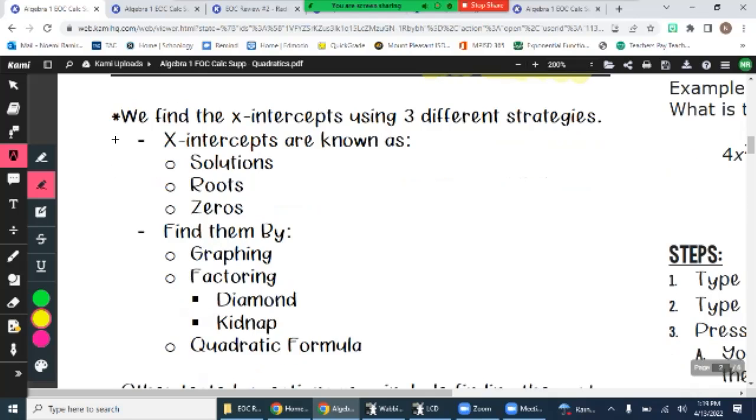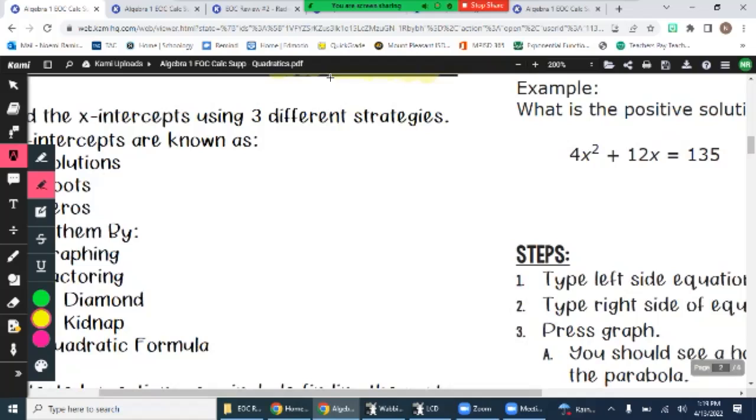You find those x-intercepts either by literally looking at a graph and finding where that parabola crosses the x-axis, or you can calculate them by factoring. If you look at this equation on my screen, you cannot solve for x by combining 4 and 12, because 4 has an x squared and 12 doesn't.